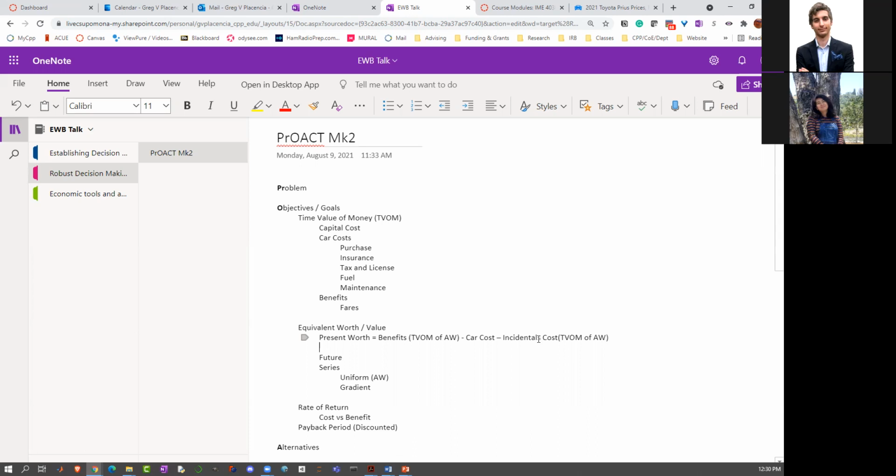So we could look at these cars and say, okay, we're expecting to make this much money every single week. We're expecting to pay this amount of money every single year. And so what we do is we put them all together, including the value of how much we're going to pay for the car itself over these times. And so we end up with a value that's a present worth.